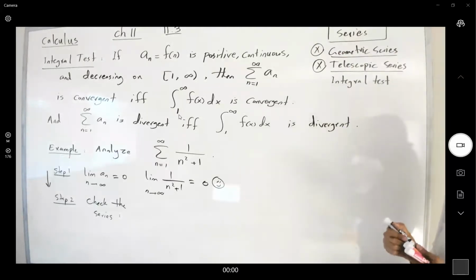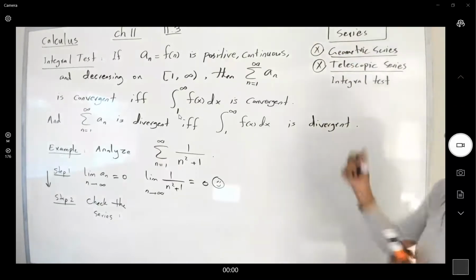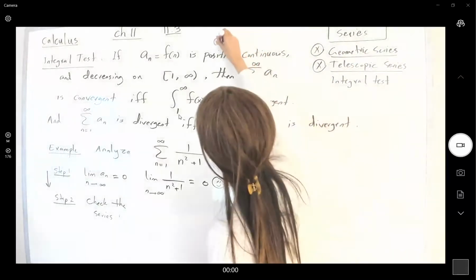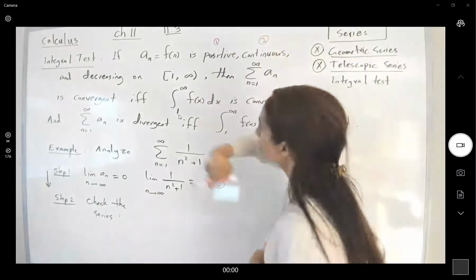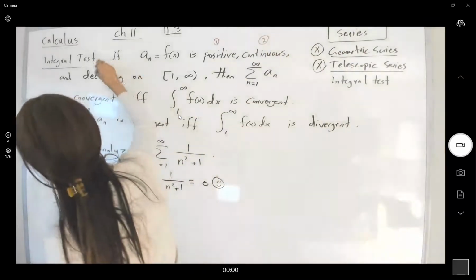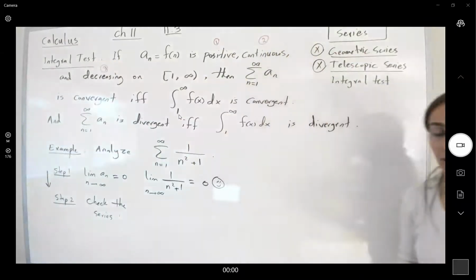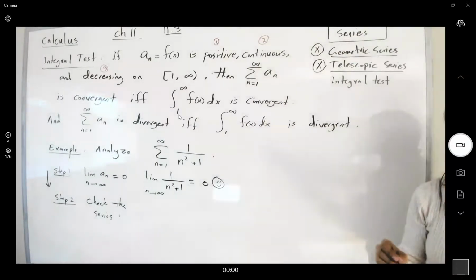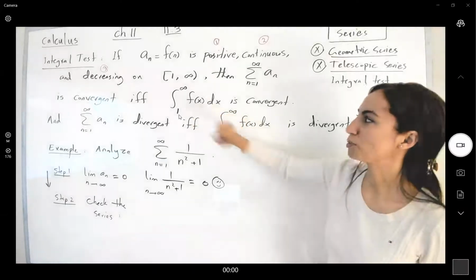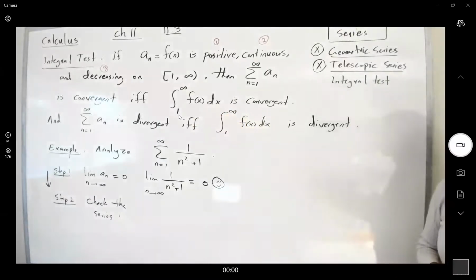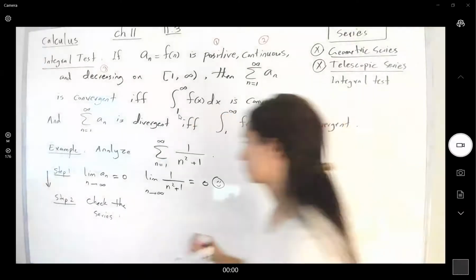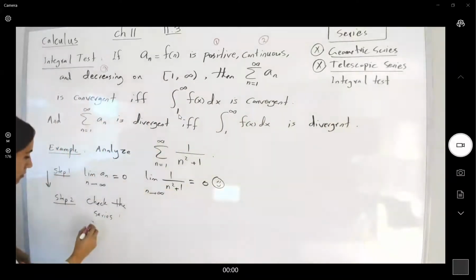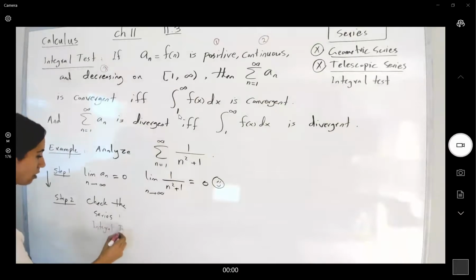The integral test says, first of all, your a n must be positive, continuous, and decreasing. If your a n or f n has these three characteristics, you can form the integral. So, integral test.